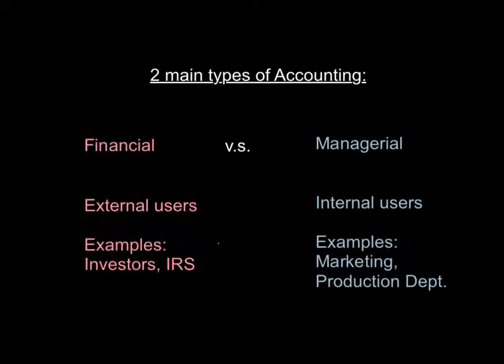Financial is used more towards external users, such as investors, people who have stock in your company, or the IRS if they need to assess how well your company is doing. Managerial focuses more on internal users. This is more like departments within the same company, an internal environment, such as marketing checking its budget, or a production department checking how much merchandise they need to purchase for this cycle, etc.